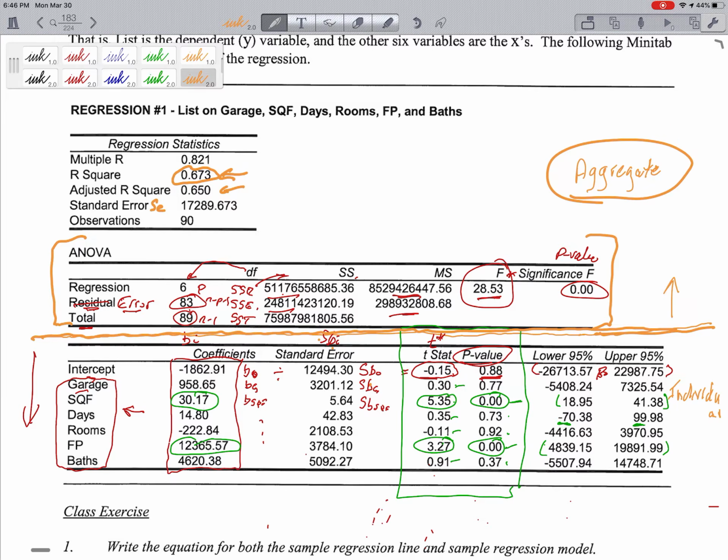And this guy here, of course, is the SE value. And we're not going to use that. This guy here, if this were a simple linear regression, that's the square root of the R-squared value, and that would be the Pearson R if you only had one X variable.